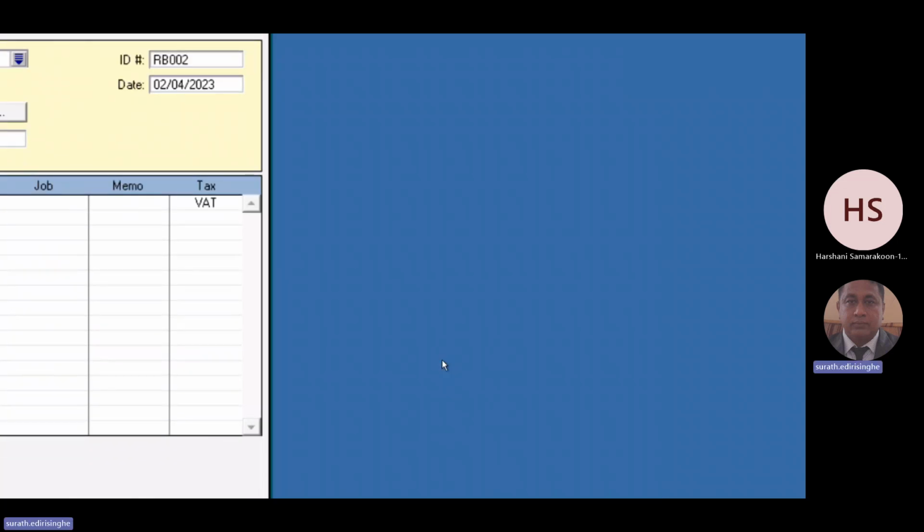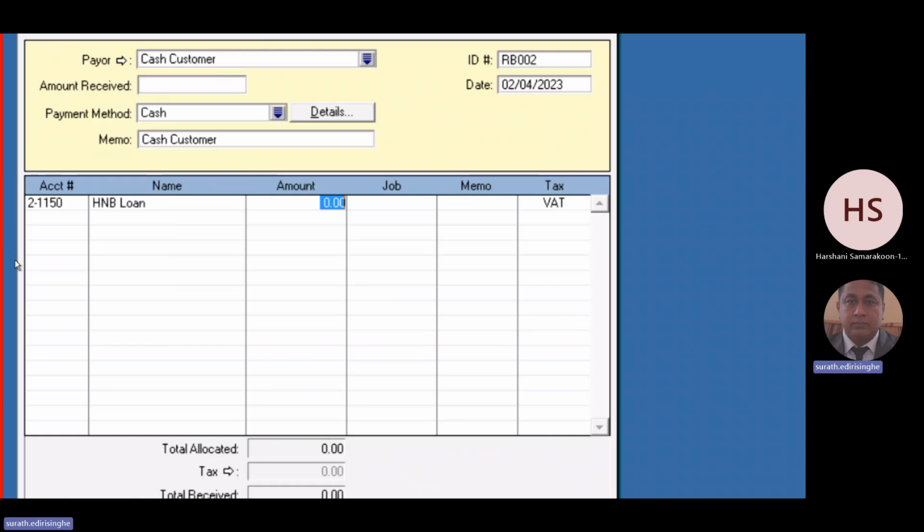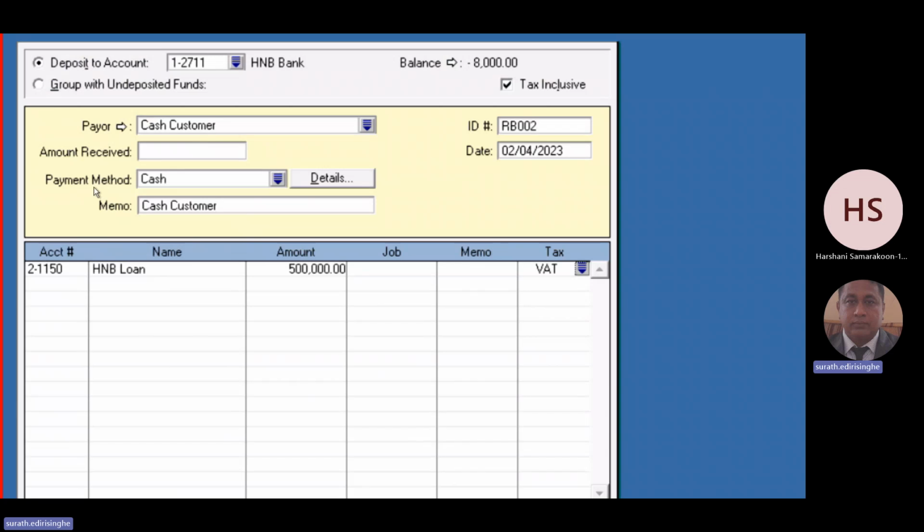Use account. Amount 500,000. Not VAT actually. 500.